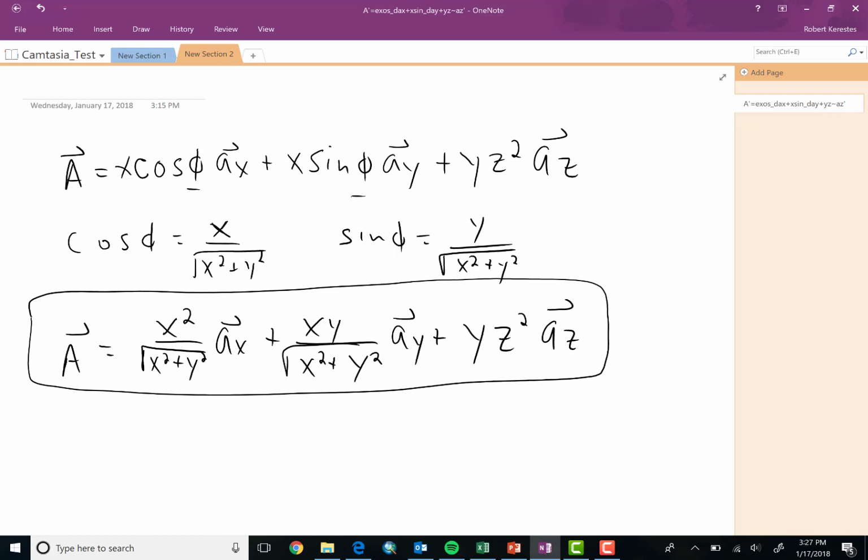So the next part of the problem said, well, we're going to take that and find out what the magnitude of that vector is at a specific point.